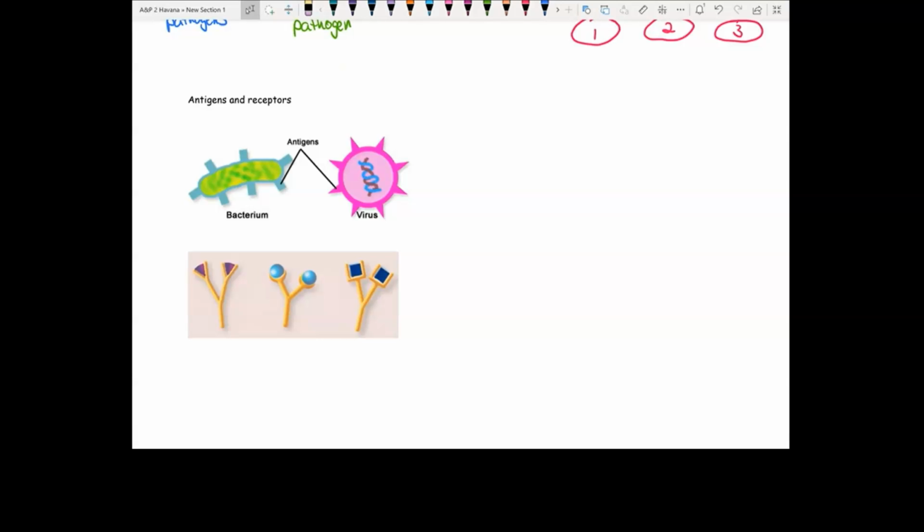So just to show a little more about the idea of these receptors and how they work. Here we have some pathogens. We have a bacteria and we have a virus, examples of pathogens. And you can see they have these things on their surface. Those are antigens. We talked about antigens before in Chapter 18 with your blood. The antigens on your red blood cells are what give you your blood type. So here again, we have antigens.